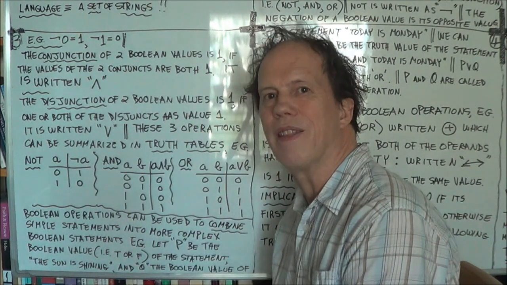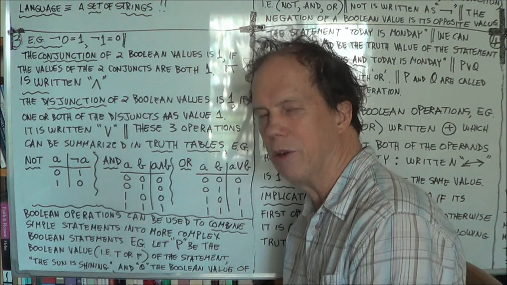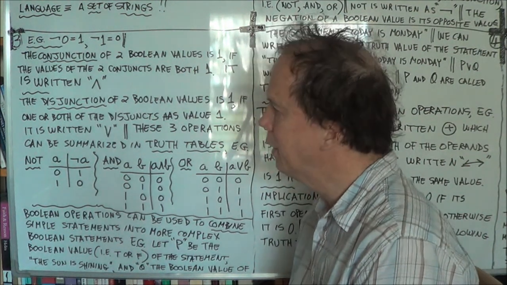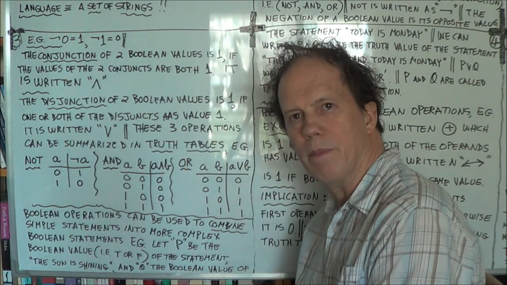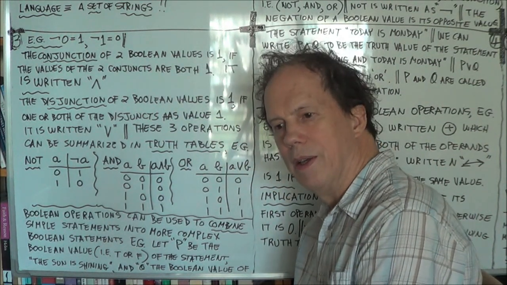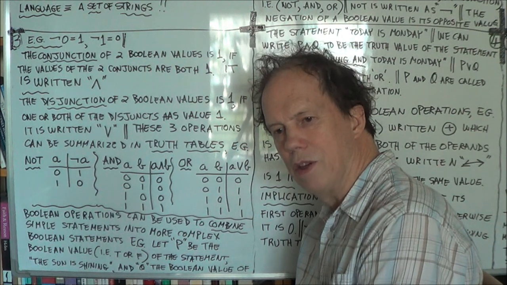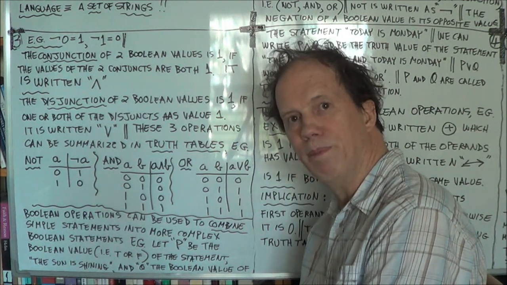You just change it to the other value, because a Boolean variable only has two possible values. But what happens if you have two Boolean variables? Well, then you can perform an operation on two of them.